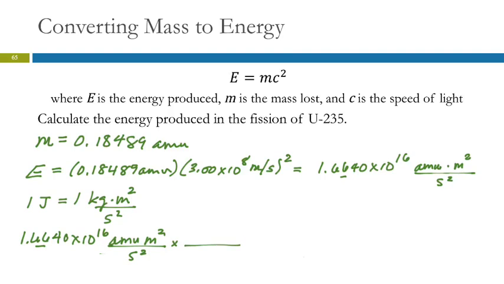Going to multiply by 1 gram per 6.022 times 10 to the 23rd AMUs. And then we need to get to kilograms. So we want kilogram up here, and a kilogram is 10 to the 3rd grams.